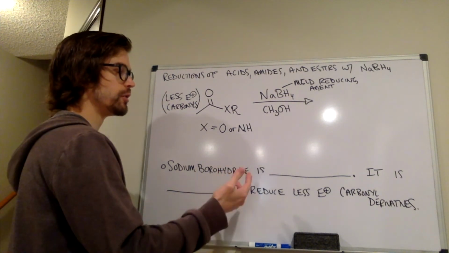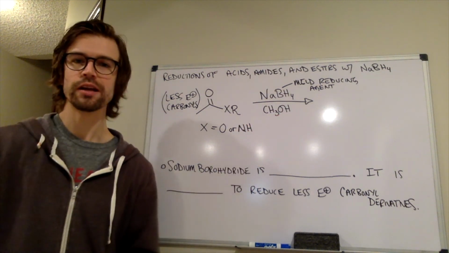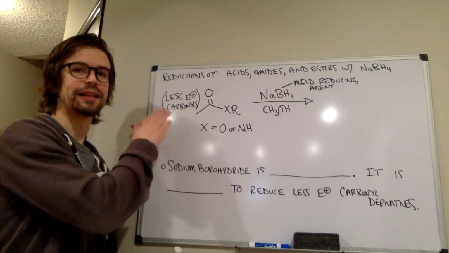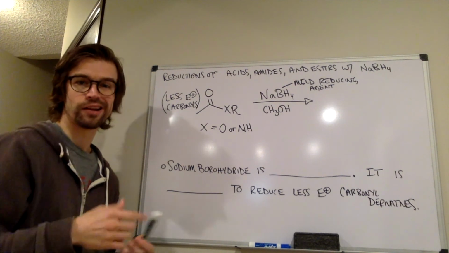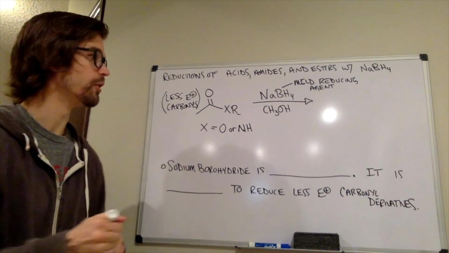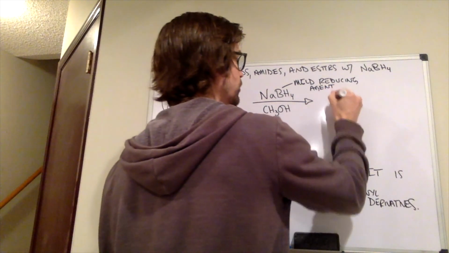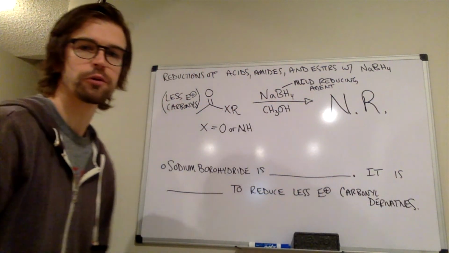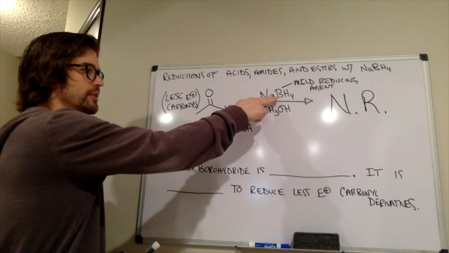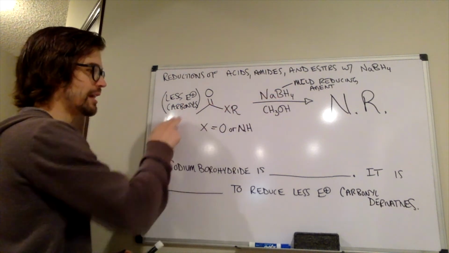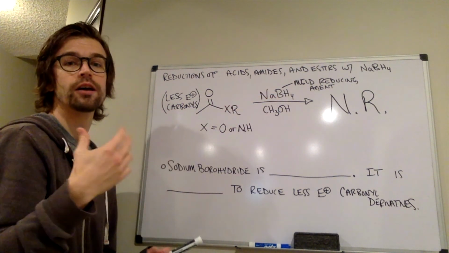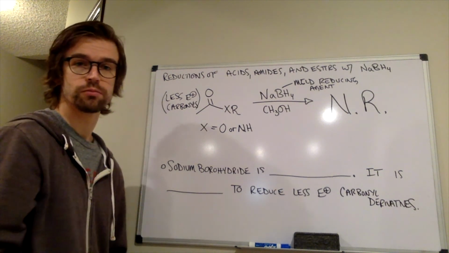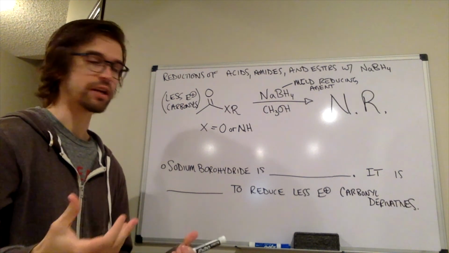It turns out that when we have a less electrophilic carbonyl, it also can't even reduce that. So this is actually going to lead to no reaction. Essentially, when we have a less reactive reductant and a less electrophilic carbonyl starting material, we get no reaction.